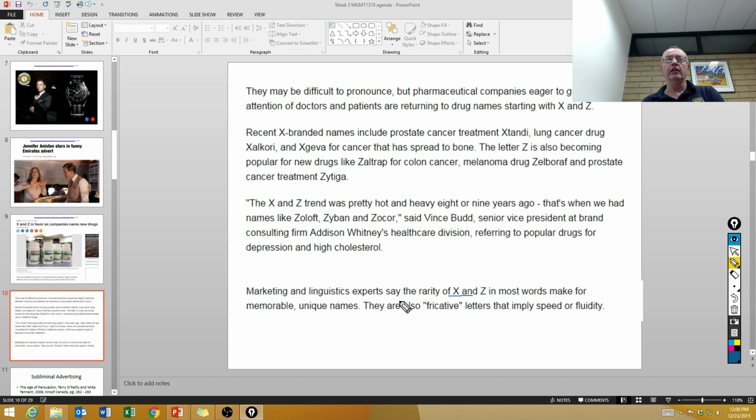But secondly, marketing experts say they make these product names memorable, make them unique, and they're fricative, which I think means it implies that the product doesn't experience friction. So it means that the drugs act quickly. It's the psychology of pharmaceutical names.